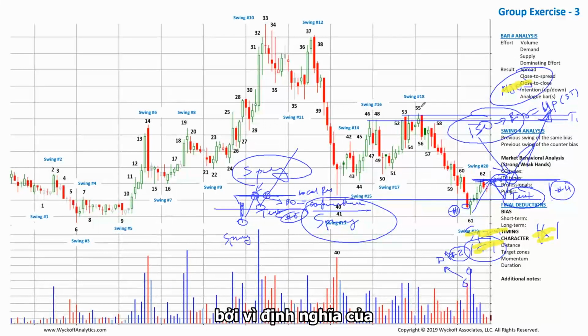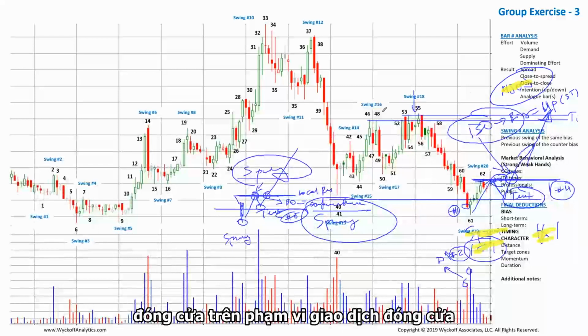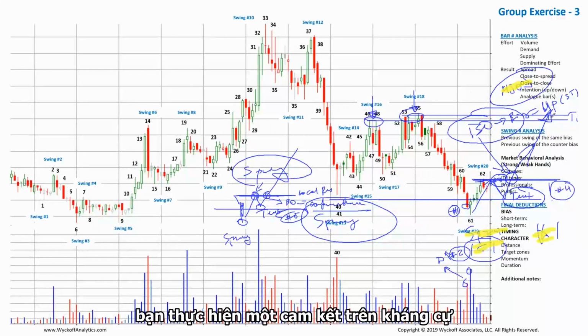Because what is the definition of the major sign of strength? That it goes above the trading range, closes above the trading range boundaries. It didn't make a commitment above resistance. It makes a commitment above resistance. Exactly.